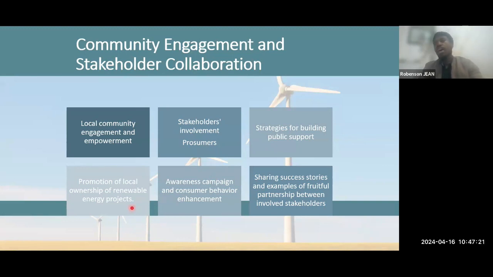renewable energy projects. I had the possibility to participate in a project in the north of Haiti where people were very happy to get themselves involved in a renewable energy project, where we had to build a hybrid system based on solar for 3 mini-grids in the framework of rural electrification.